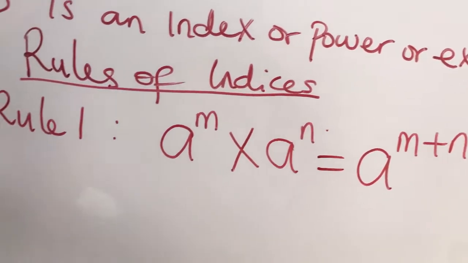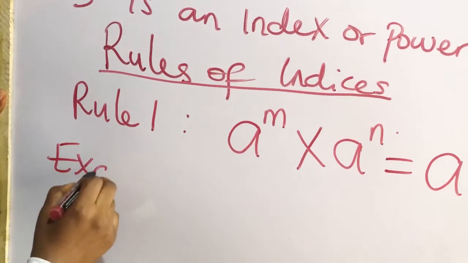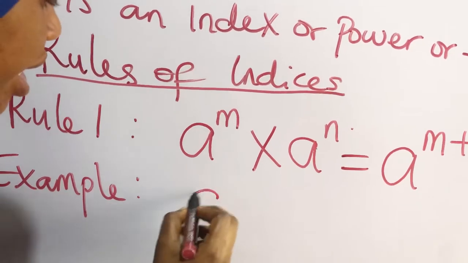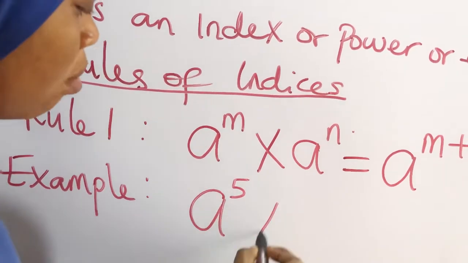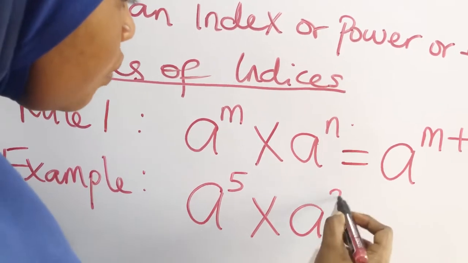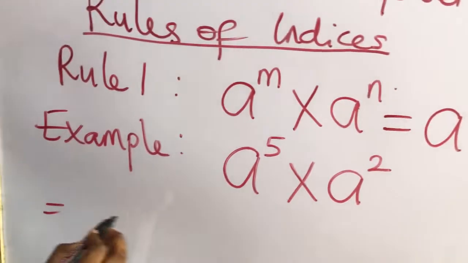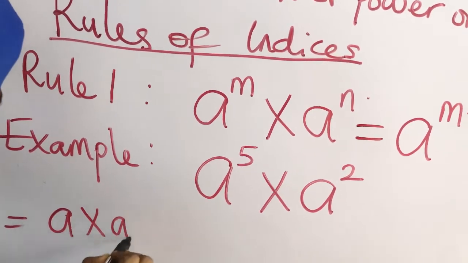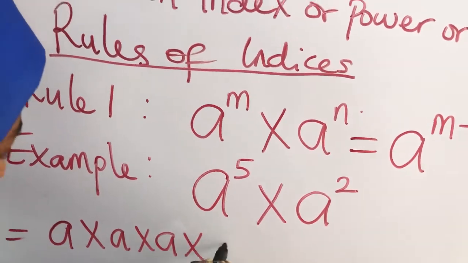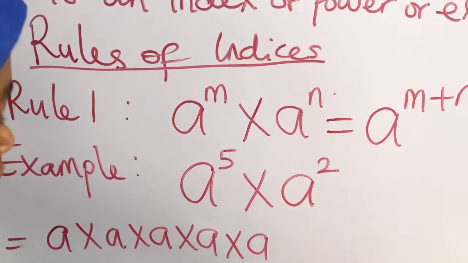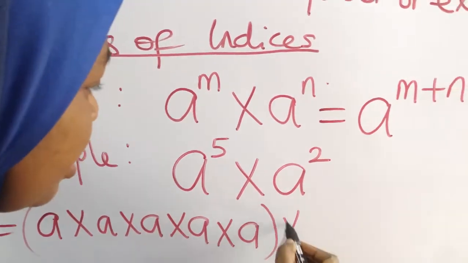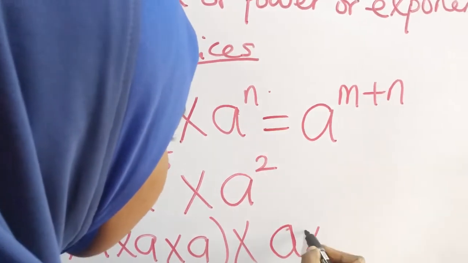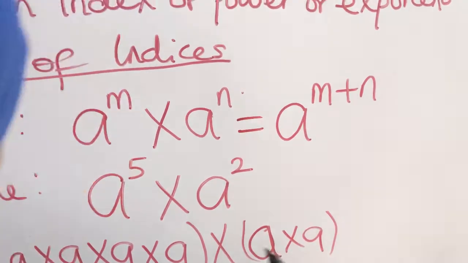So, for example, if you have a raised to the power of 5 multiplied by a raised to the power of 2, it's the same thing as a in 5 places, a times a times a times a times a, then multiplied by a raised to the power 2, a in 2 places, a multiplied by a. Now let's open the brackets.